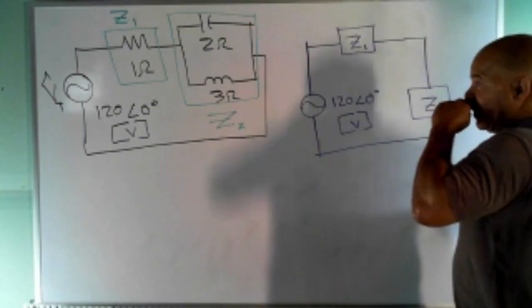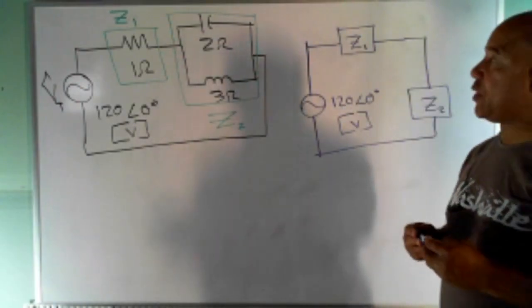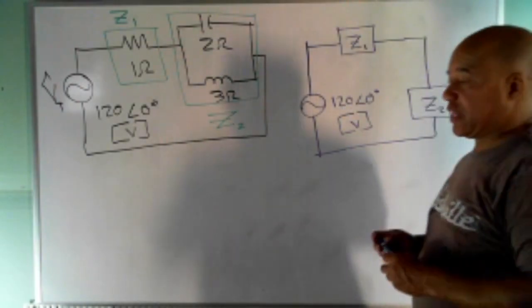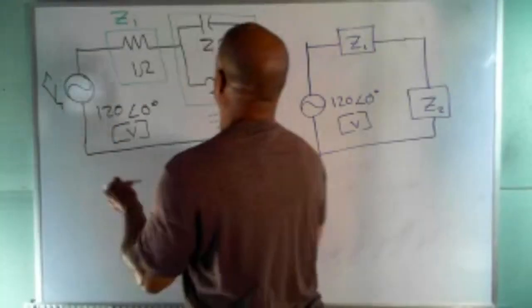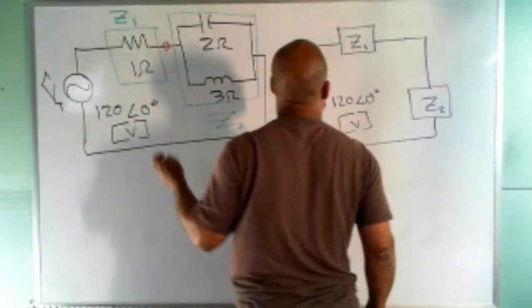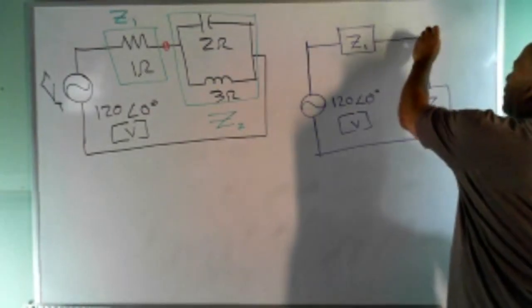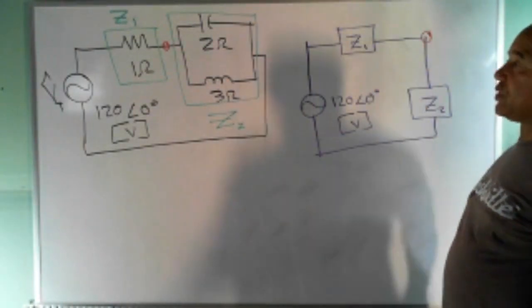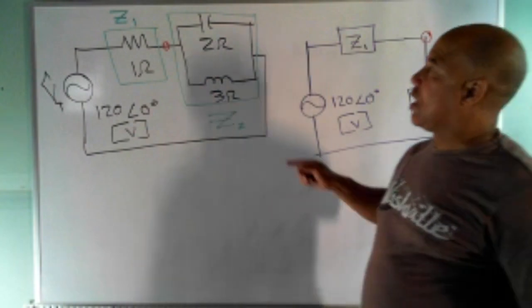Right, so there's my simple series circuit. Now, notice that this connection point right here is between these two block impedances. So now what we do is we solve for what's in the box.